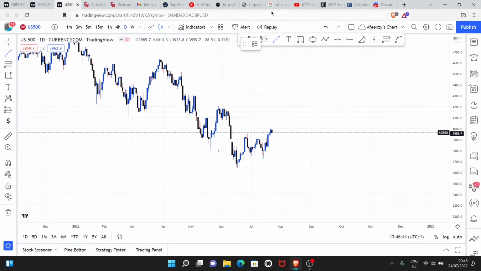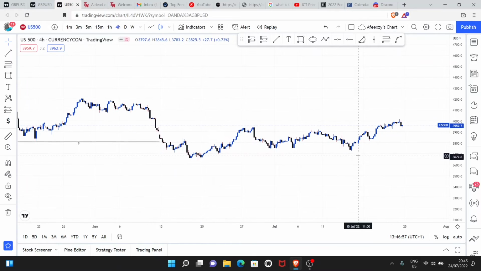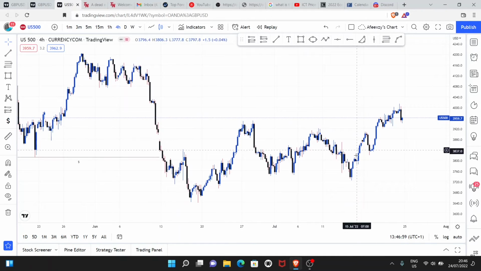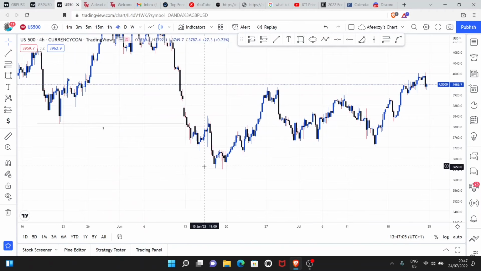So let me go to the 4 hour time frame to see it clearer. On the 4 hour time frame, after the sell side liquidity grab, we can see the change in market structure here.